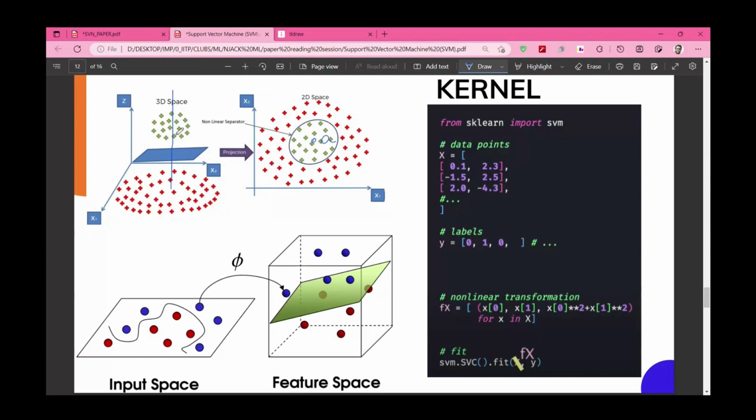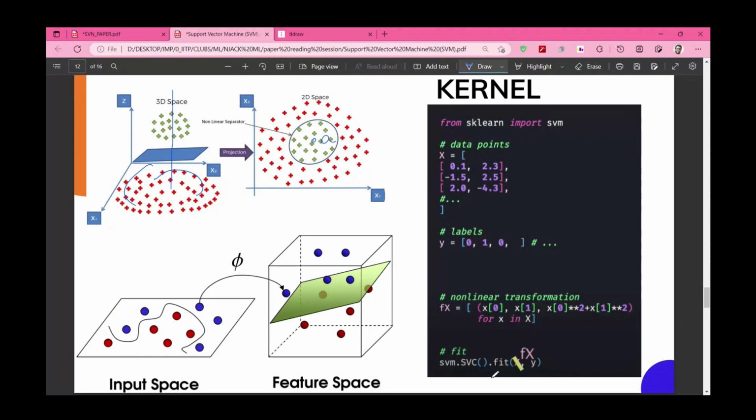So this portion is strictly above this plane, and this red portion is strictly below that plane. That is why if we change the dimensions by using some non-linear transformation on the data points that we already have, we will have a much simpler time solving the classification problem.